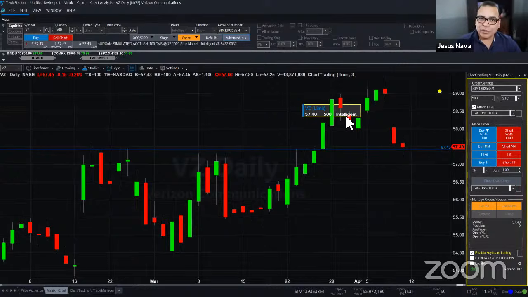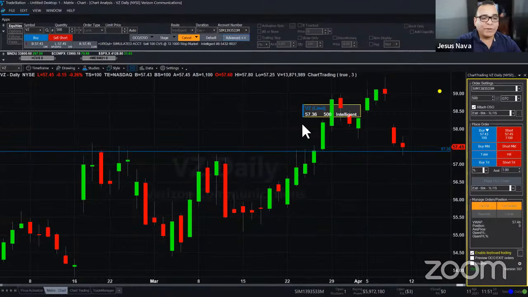If you're not really sure which route to pick, I usually recommend just leave it on intelligent because we'll make the routing for you. But these two things right here, the 57.40 and the 500, are things that you can customize using keyboard keys as well. If I want to enter the market at a different price, let's say 57.35, all I need to do is press the down arrow key a few times until it reaches 57.35.